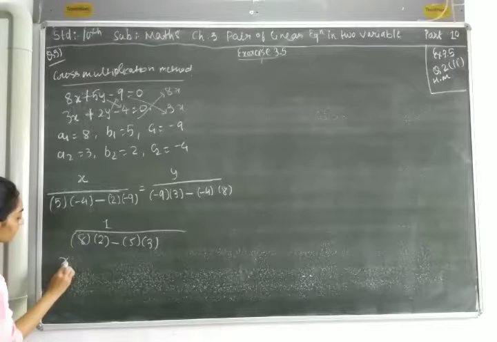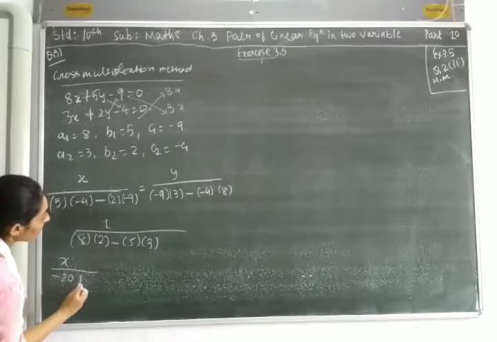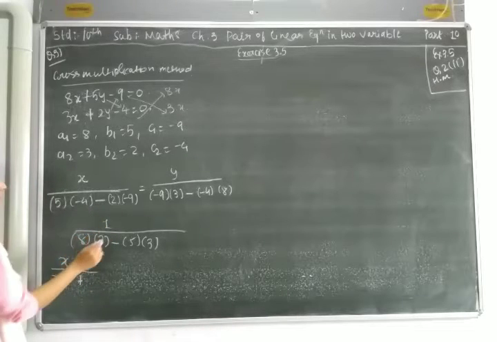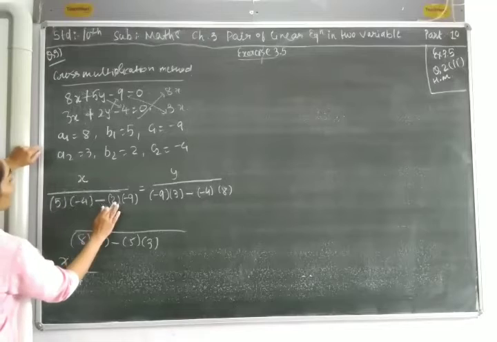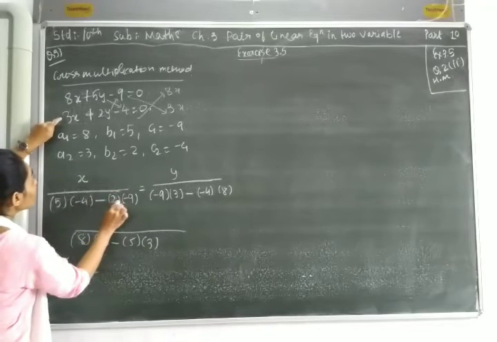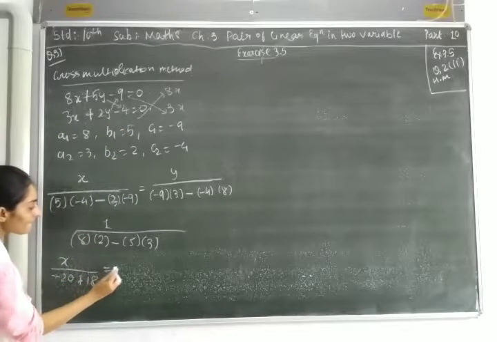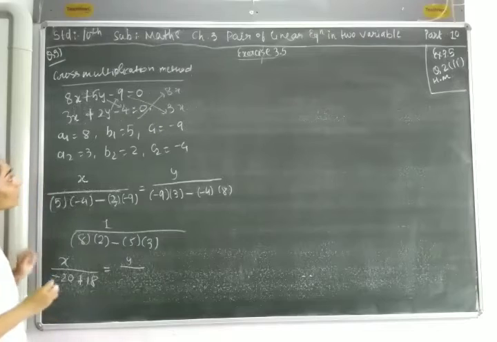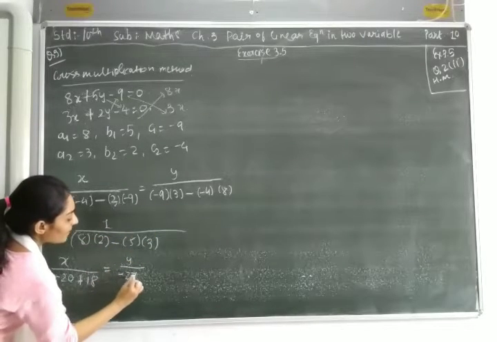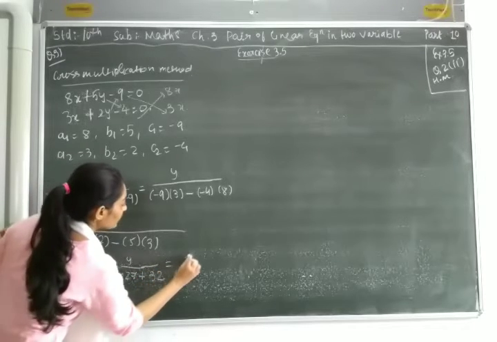So x minus 20 plus, over here that is 3. No, that is 2 only. So minus 80. Now y. So what is y over here? Minus 27 plus 32.